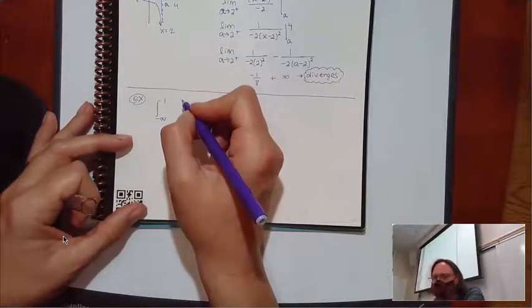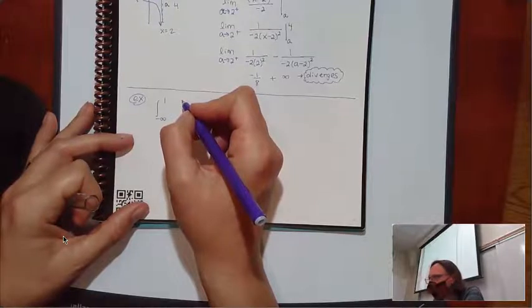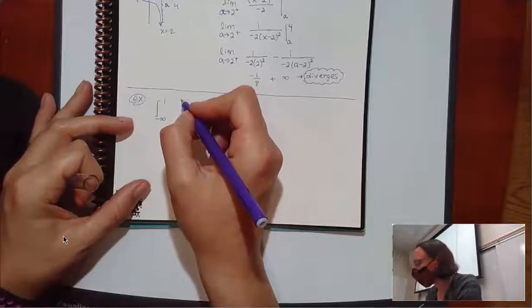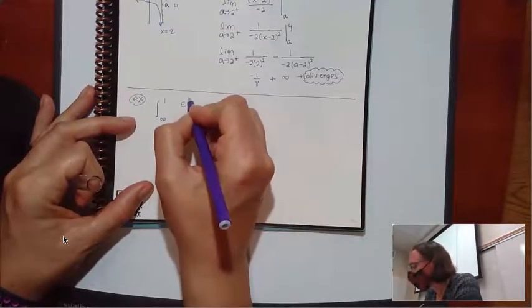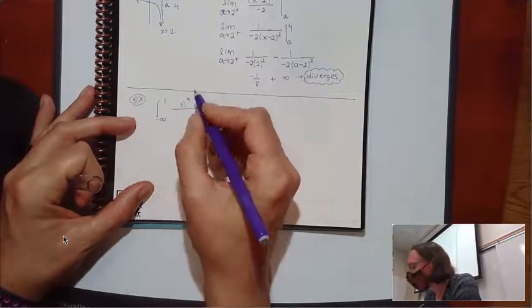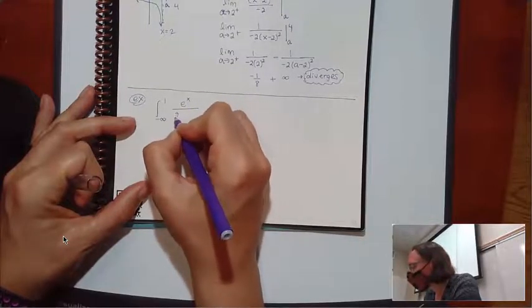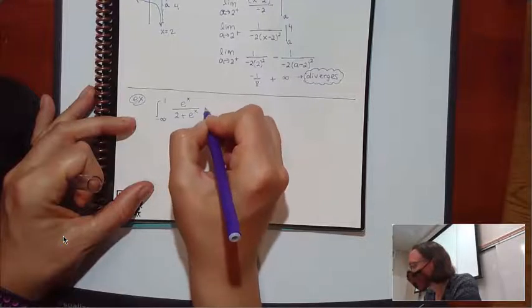Do you want it to be messy? Moderately messy. Okay. Let's go with e to the x over 2 plus e to the x dx.